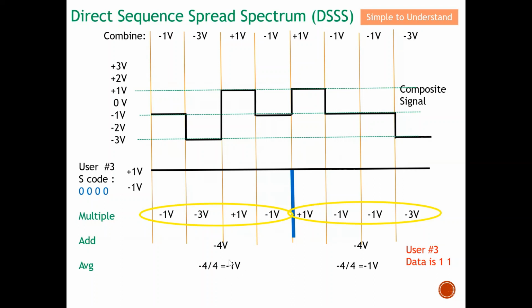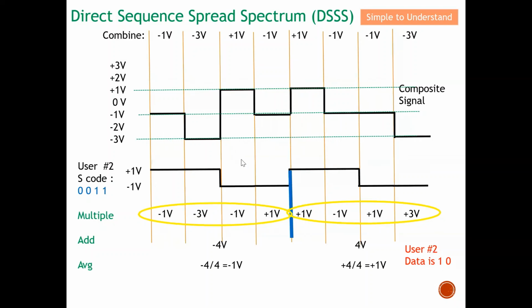So it's -1 volt. When it's -1 volt, I know my data is 1. The same over here: this is 1, this is -1, this is -1, and then this is -3. Again, I add them. These two cancel each other, so I get -4 volt. Again, I need to divide by 4 because the spread code is 4-bit. So I get -1 volt. So with -1 volt, I know my data is 1.